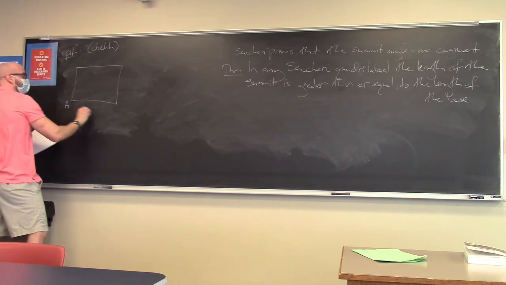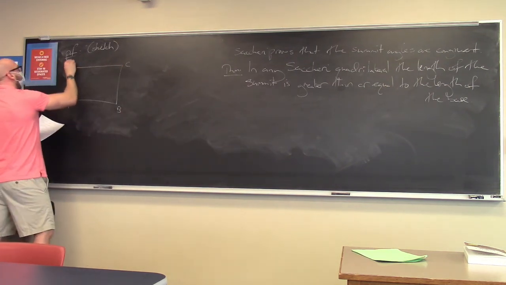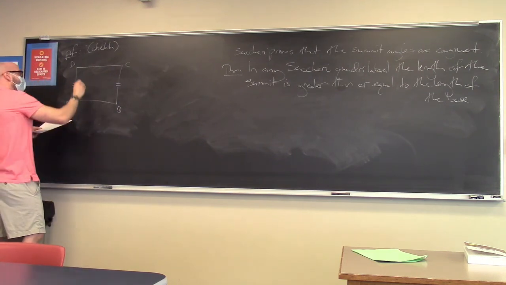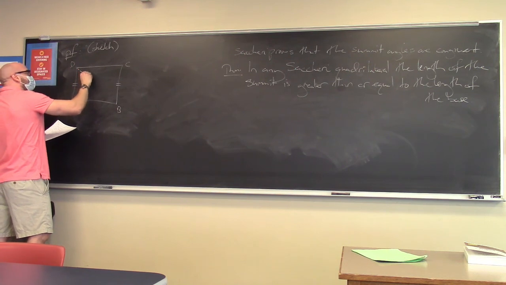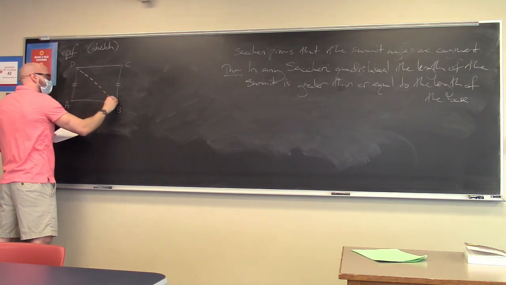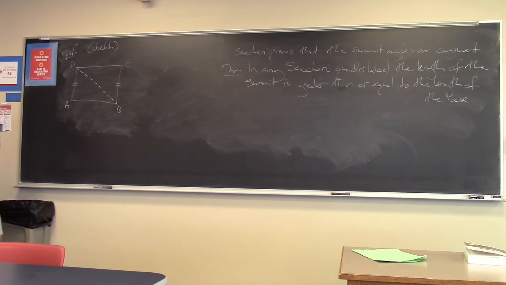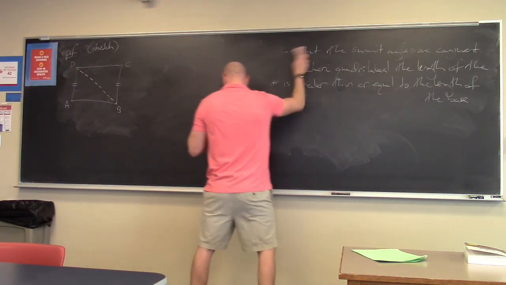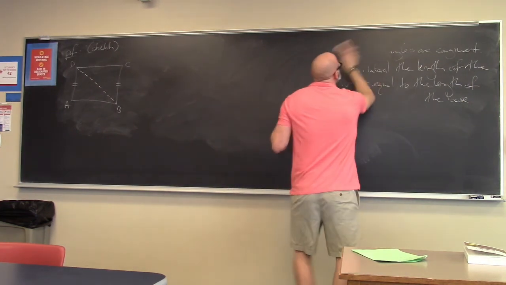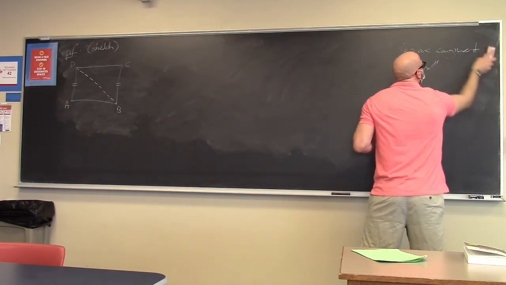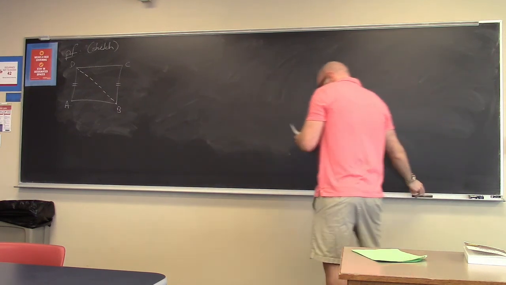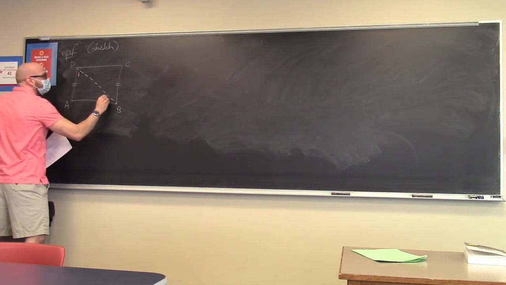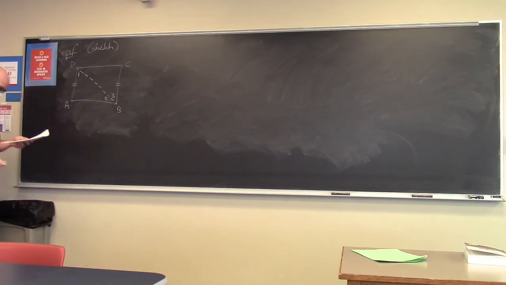Here's A, B, C, D, and we've got 2 congruent sides, and I'm going to cut through a diagonal. I'm also going to give you some angles here. This is angle 1, this is angle 2, and this is angle 3.